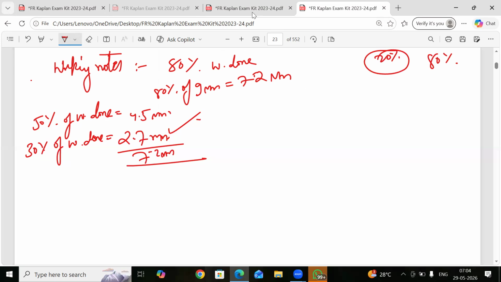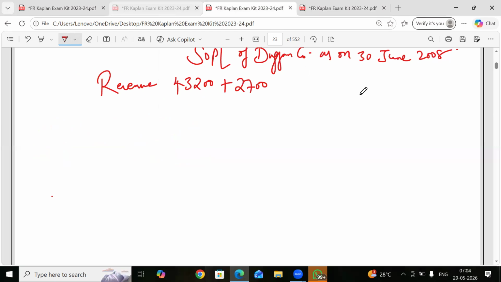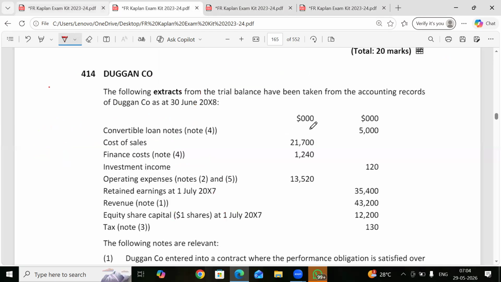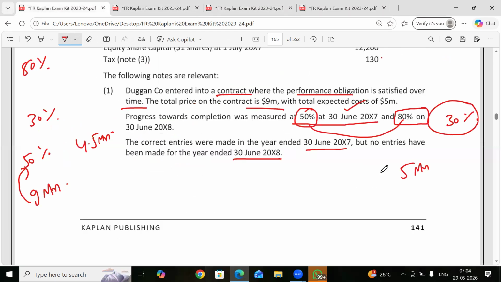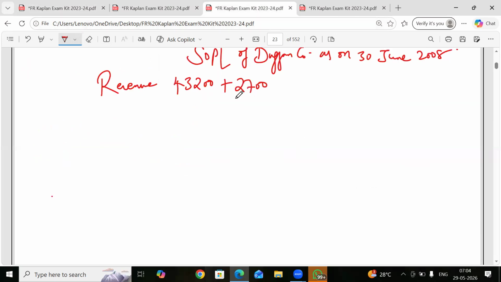But we need to record how much work we have done till date as per the extra information. So I have done that. I have recorded the 30% part of the work which is done in the current year in the revenue section. So my entire revenue becomes 45,900. Okay, this is the amount.